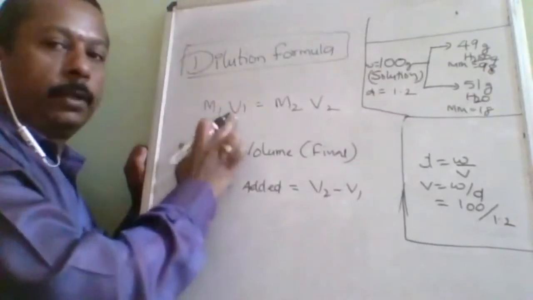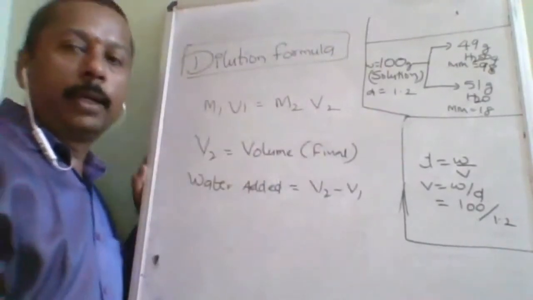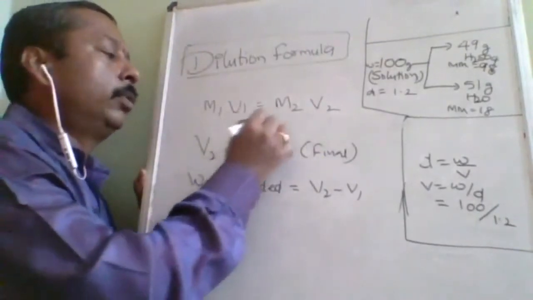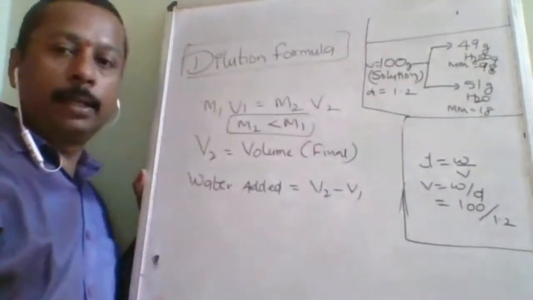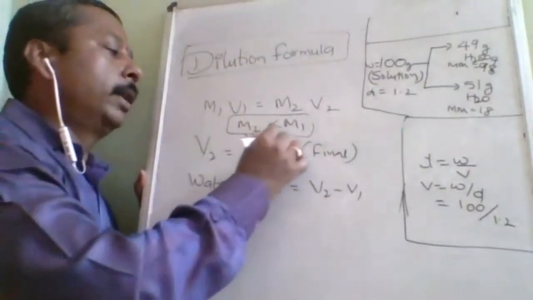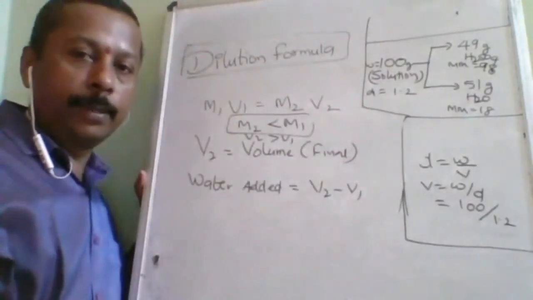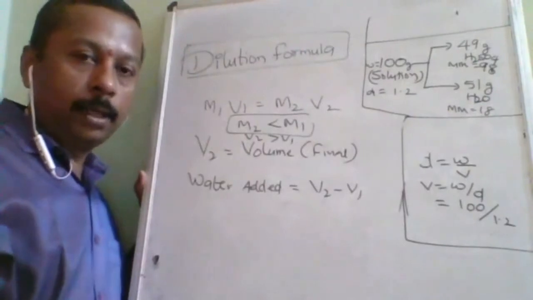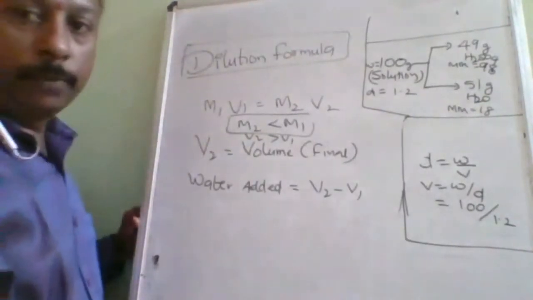V1 is the initial volume, M1 is the initial molarity, M2 is the final molarity. In a dilution, M2 will always be less than M1, and V2 will be greater than V1, because only if you add solvent will the concentration decrease, and that is called dilution. So this is about the dilution formula.